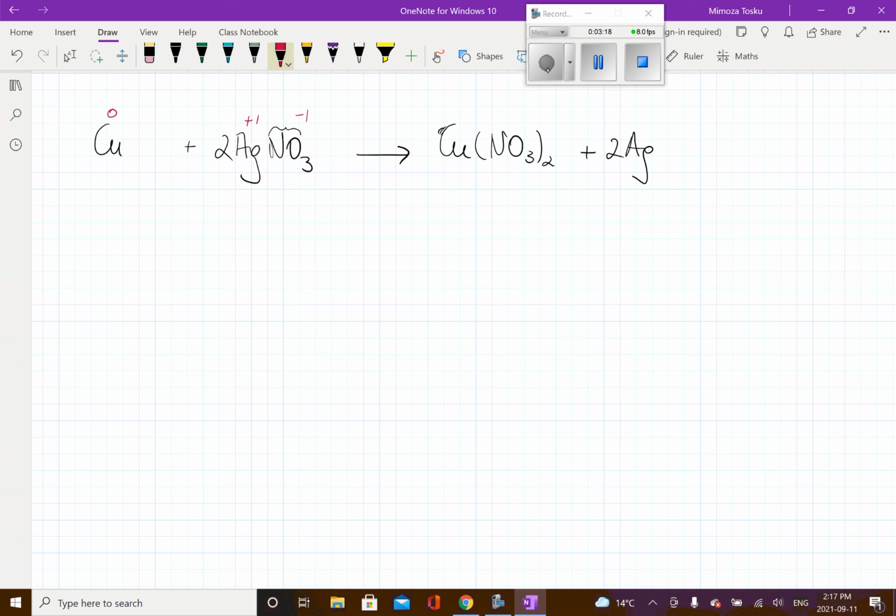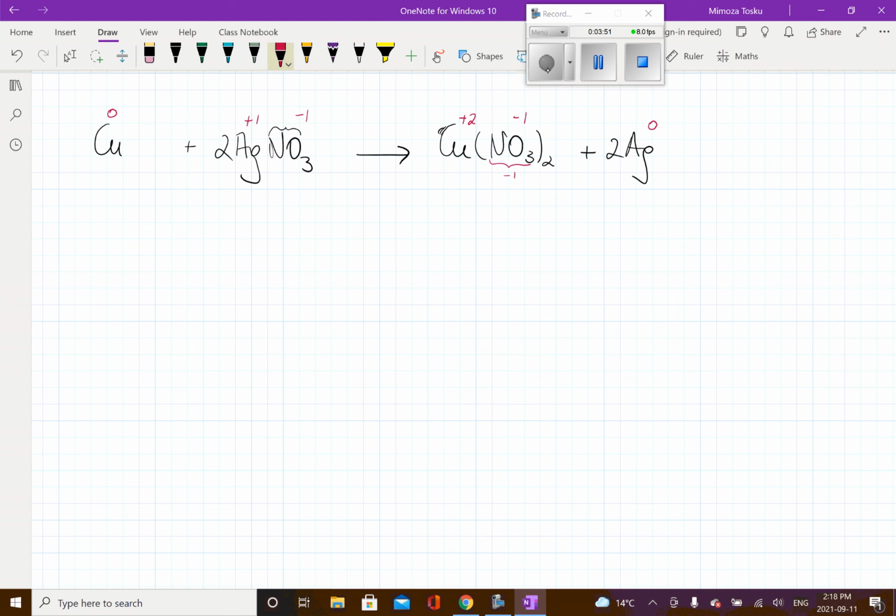Now, since we have 2 nitrate, each a -1, the whole thing will be -2, and in order for the whole compound copper nitrate to equal 0, copper has to be +2. And silver, since it is an element on its own, will be equal to 0.